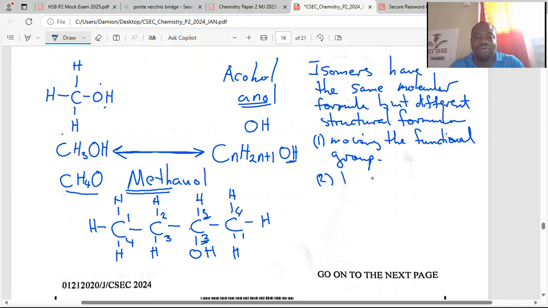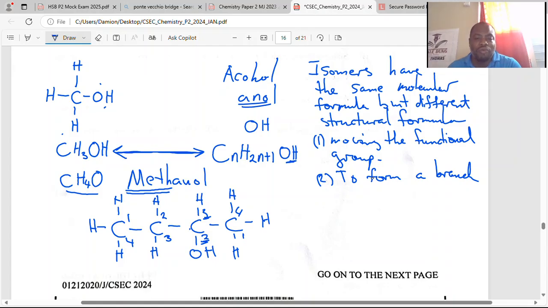The other way is to form a branch. The first way normally applies to the alcohols and the alkenes, because as I said before, they're not going to really give you an isomer question for an acid, because the functional group is normally at the end, so people don't move that around.